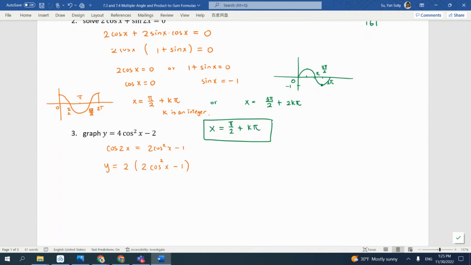Do you see the common factor 2? After we factor out the 2, what's that? 2 cosine square minus 1. Oh, that is exactly cosine 2x. Can you see that, everybody? Woohoo! This is exactly cosine 2x. See? We reduce the power and we double the angle.